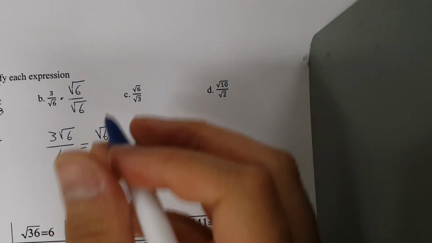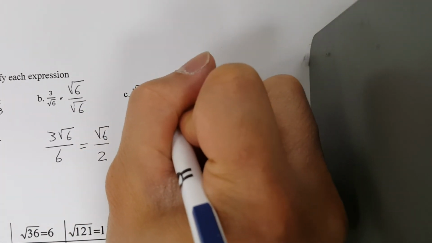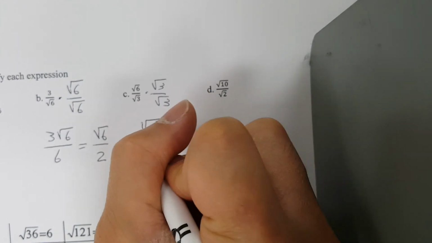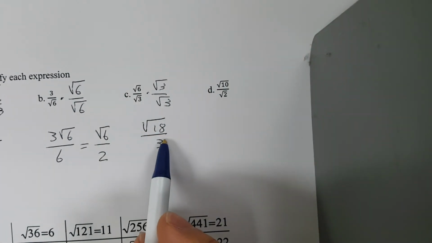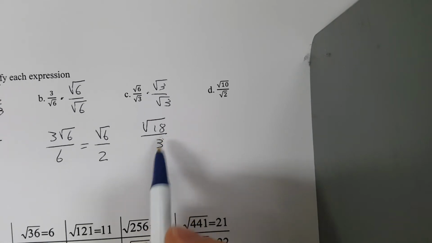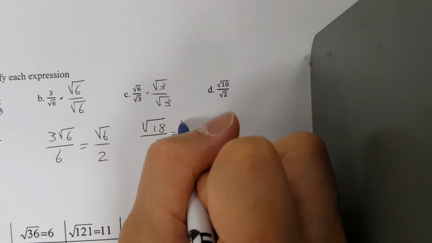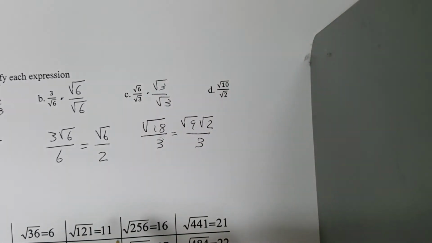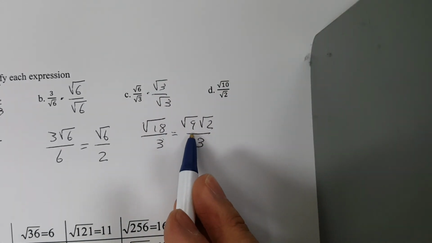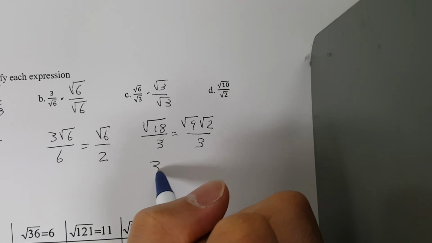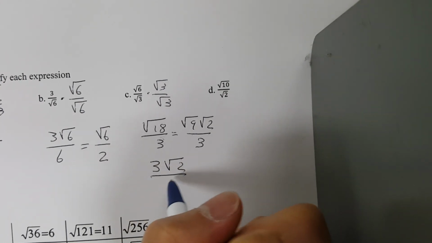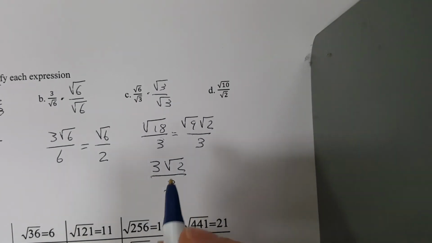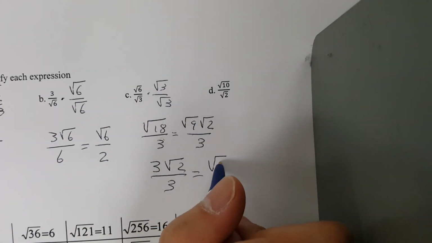Okay, letter C, multiply top and bottom by root 3. So this becomes root 18 over 3. Then you ask yourself, can I simplify radical 18? It's radical 9, radical 2 over 3. Radical 9 is 3. Okay. And then 3 divided by 3 is 1, so I'm just left with root 2.